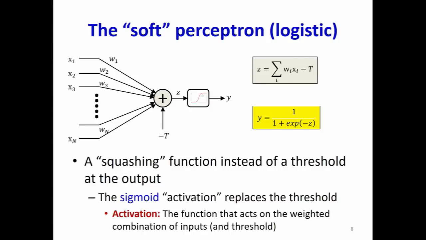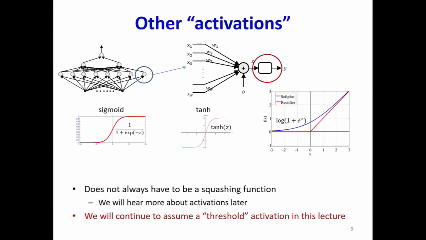And once we figure that we're not really insisting on switching outputs, we can replace that function, which operates on the affine combination of inputs, using other functions like the ones in the figure, like the tanh, or the softplus, or the half-wave rectifier, which is 0 if the input is negative and equal to the input if the input is positive.